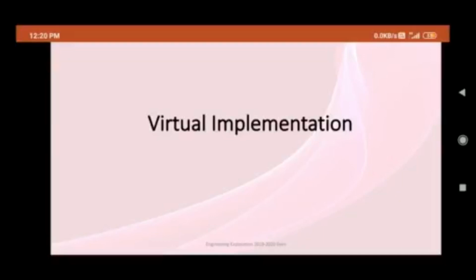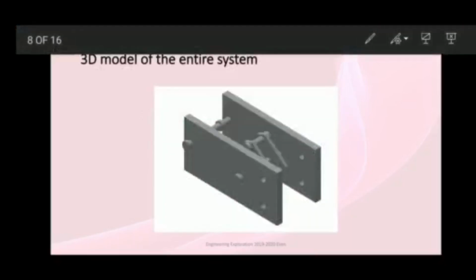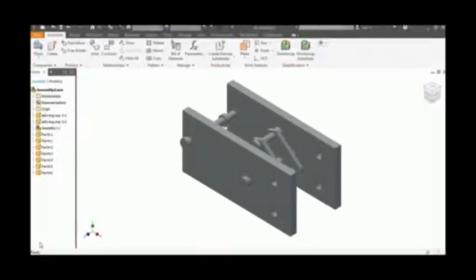In virtual implementation, we have designed a 3D model of the concept which we have taken in concept generation. Using Autodesk Inventor software, we designed the 3D model of our concept. The 3D model of our entire system looks like this. Our 3D design consists of 2 rectangular outer walls to support the rotor and tape holder, and a base for storing controllers.